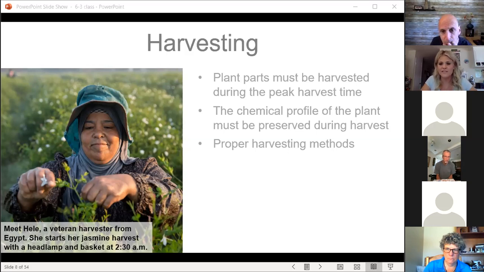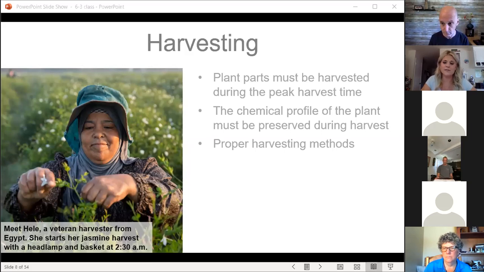However, manual harvesting usually is preferred because it helps the harvester avoid bruising any of those petals or the plant cells that contain the essential oils, because the moment it bruises, the chemical compounds start to break down. So it's really important that we know how to quickly and effectively harvest, but also not damage these beautiful plant parts that we're trying to grab those lovely essential oils from.